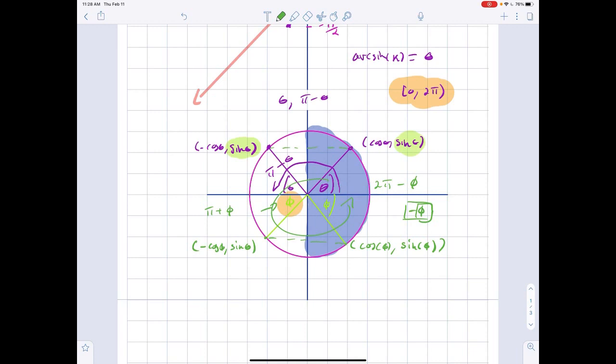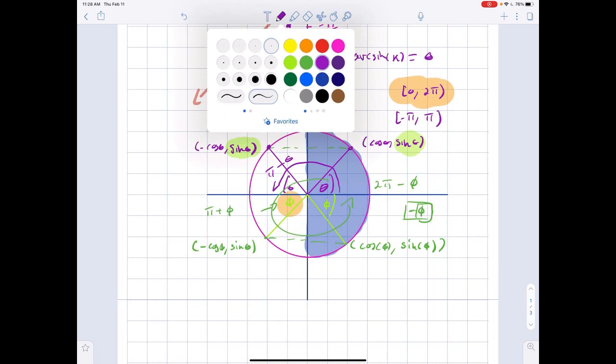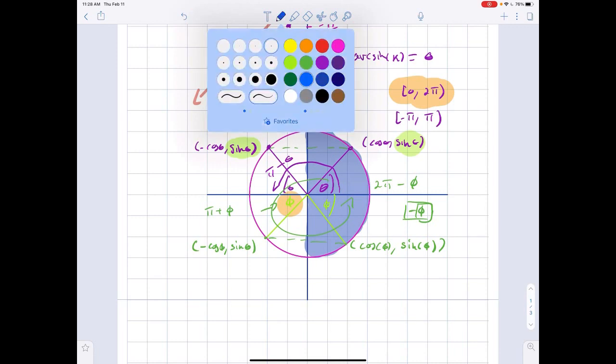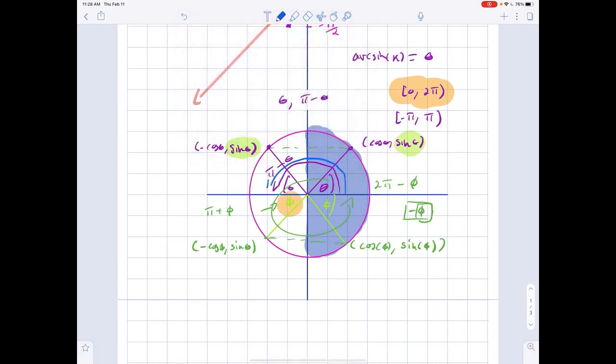What if instead of my solution being in 0 to 2 pi, I wanted it to be in, say, negative pi to pi, like that. So I can go around, let me do it maybe in blue, I can go around like that by pi, or I can go backwards by pi.